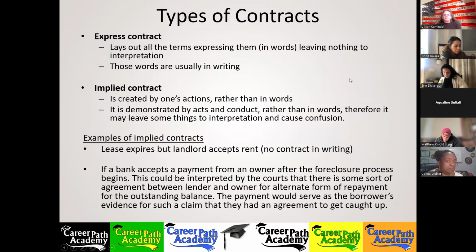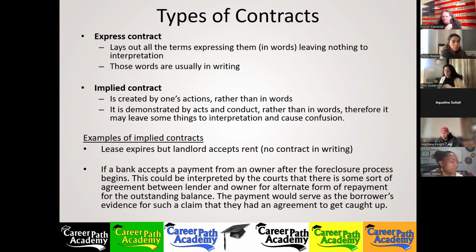So express contracts, they lay out all the terms, expressing them in words, leaving nothing to interpretation. So those words should be in writing. Now, an implied contract is one that's expressed by one's actions rather than their words. So sometimes that could leave things to interpretation and not so clear.